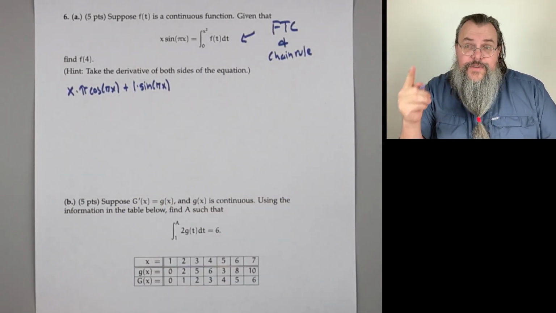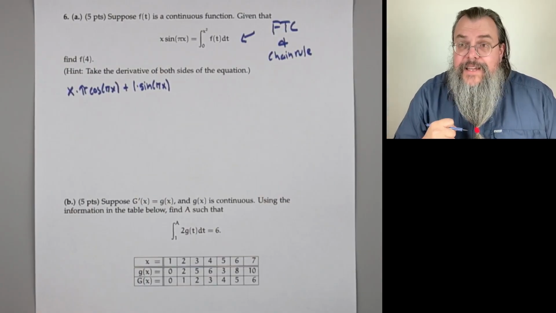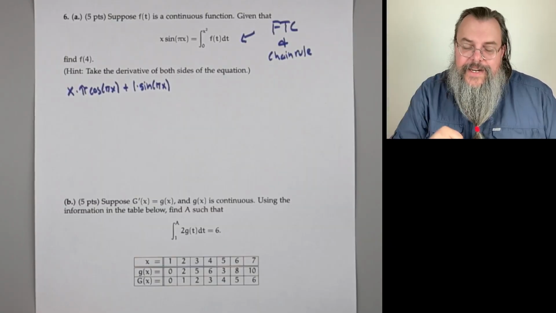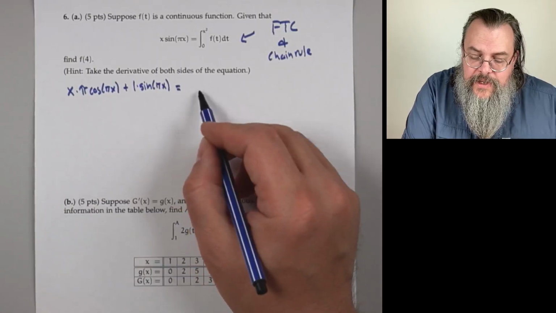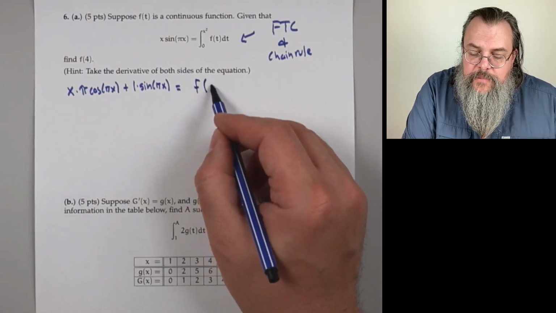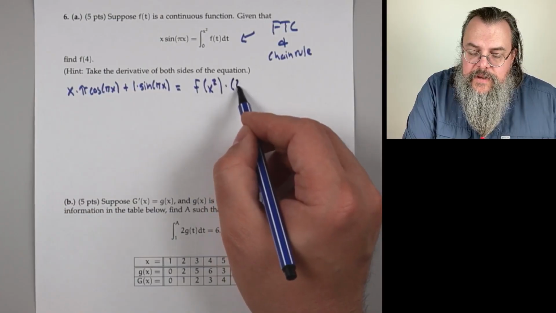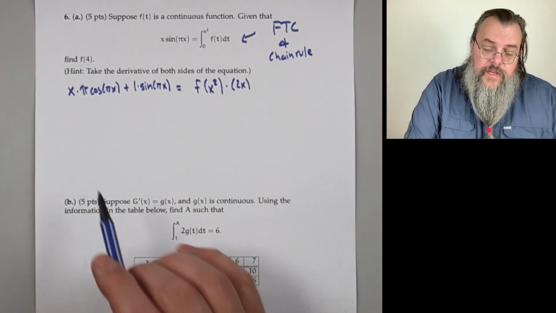But 0 to x squared says, okay, the x squared is acting like the inside function, because chain rule is an inside kind of job. So according to the chain rule, the derivative is f, plug the inside function in, times the derivative of the inside function. Okay, good. Now, that was the hint.